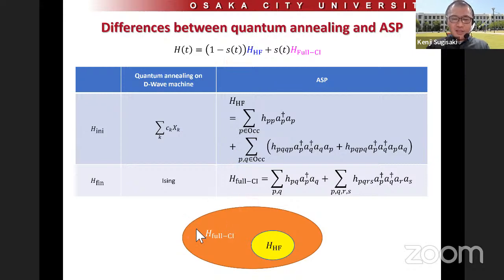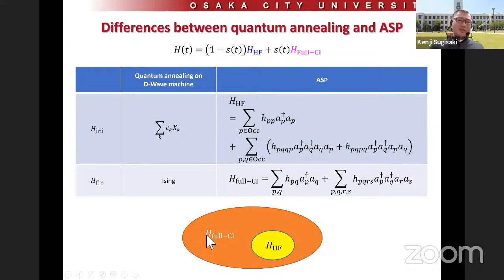But in ASP, starting from this Fock operator, the part written in orange color is 0 in the initial Hamiltonian. But if s(t) is non-zero, this term has the same coefficient, but this term has a non-zero coefficient.